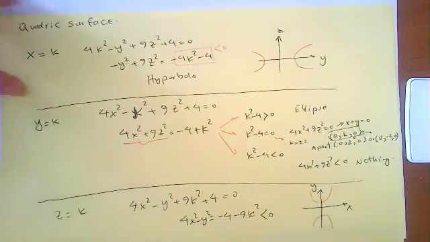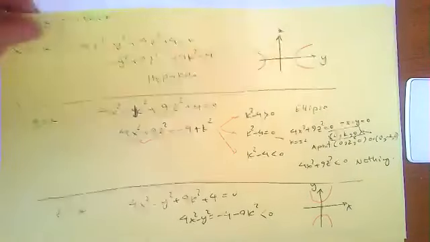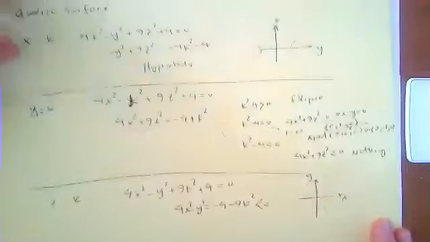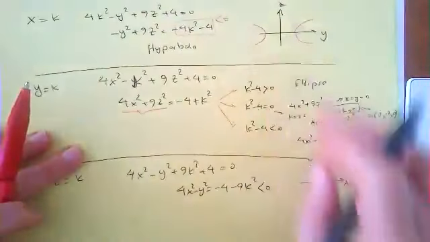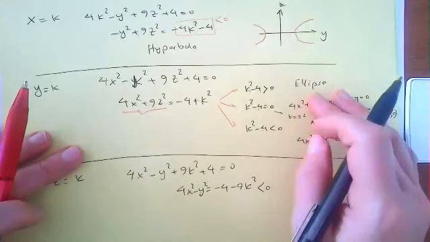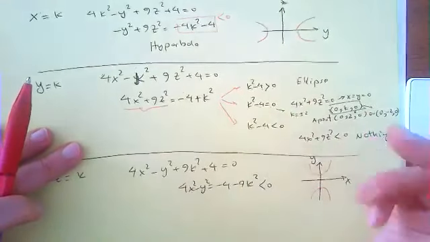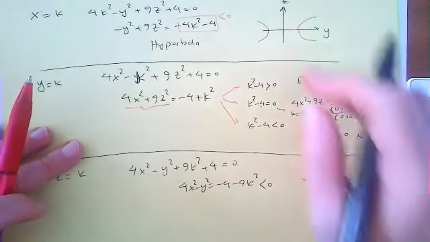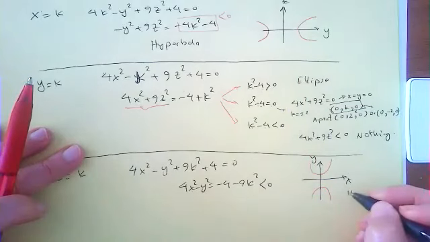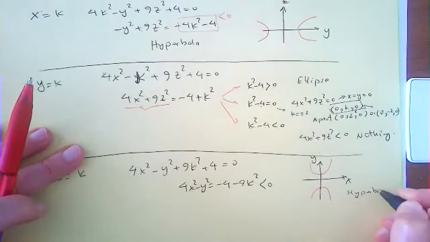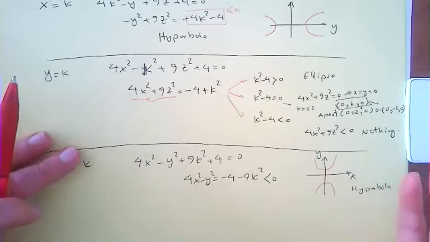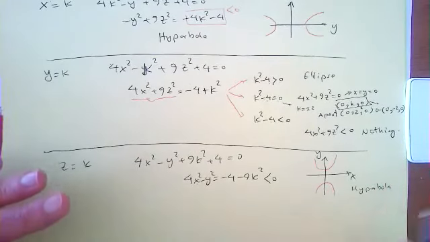Now let's put them all together and graph it. Before graphing it, I know that I saw hyperbolas and I saw ellipses. So I'm going to end up having a hyperboloid or a cone or something like that.